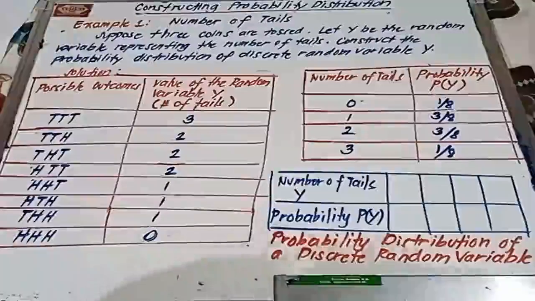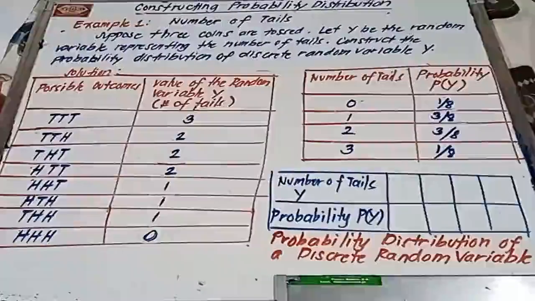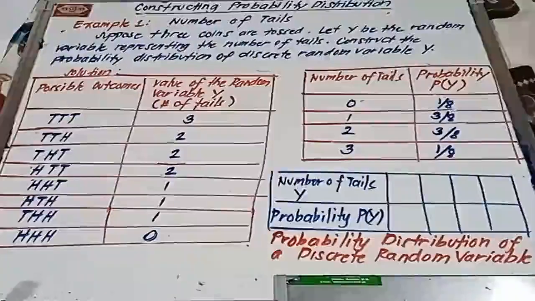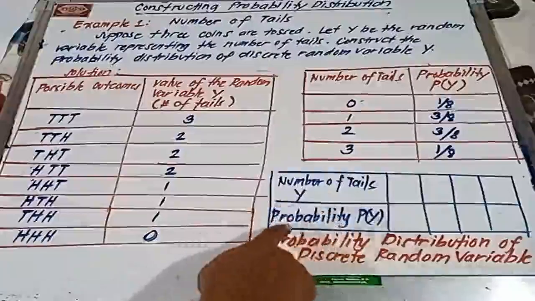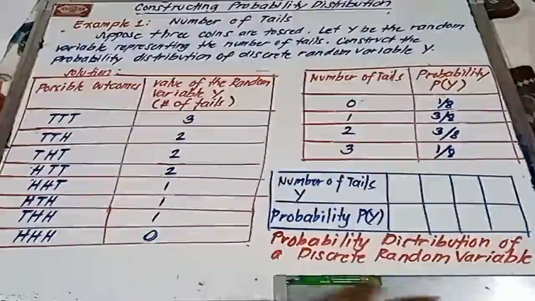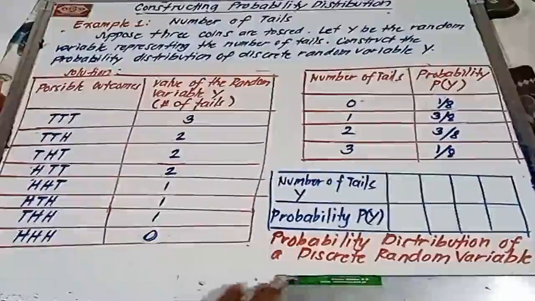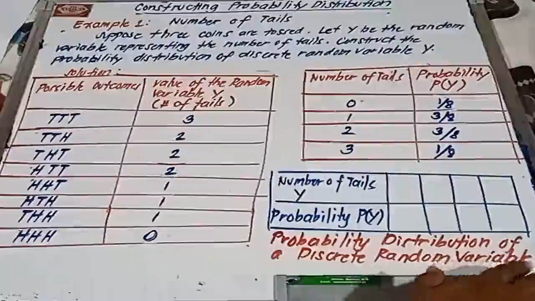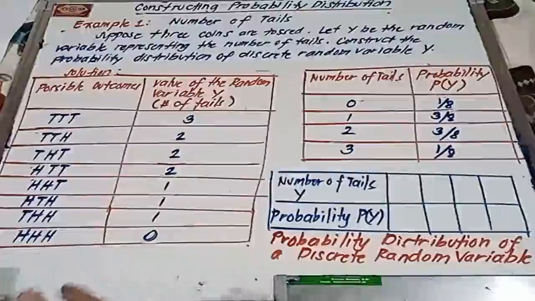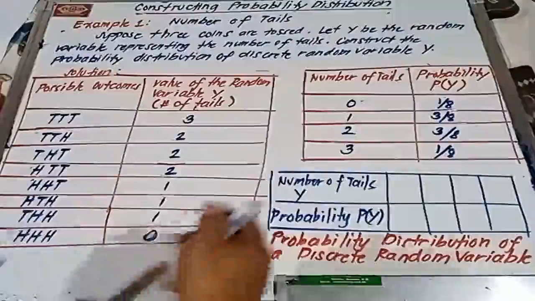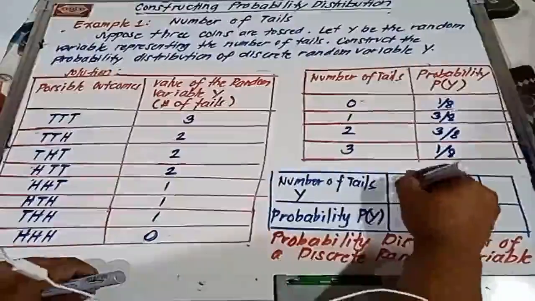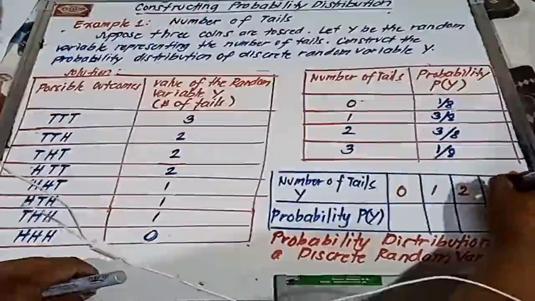Now, ano yung ating probability distribution? So, probability distribution natin, ganito ang pagkakalagay sa table. Number of tails and the probability of the number of tails. And this will be called as the probability distribution of a discrete random variable. So, ganito ang pagkakasulat ng probability distribution of a discrete variable. So, lagay natin 0, 1, 2, 3.